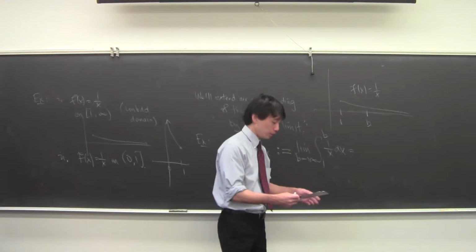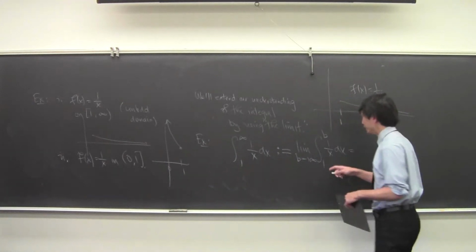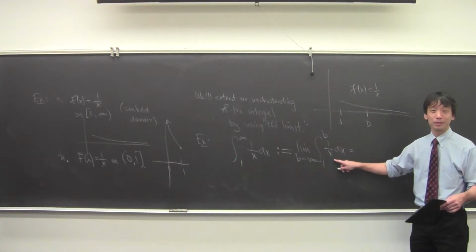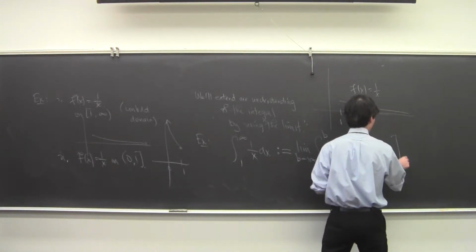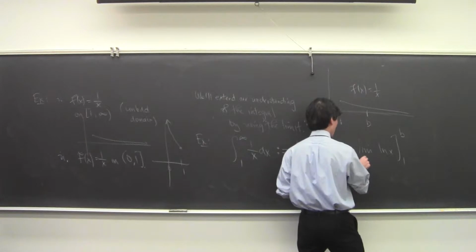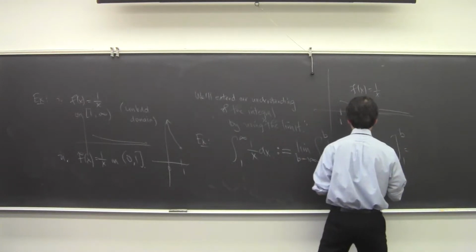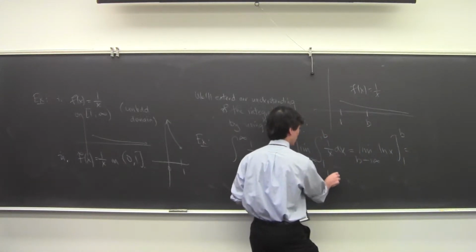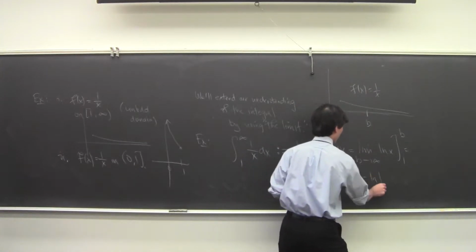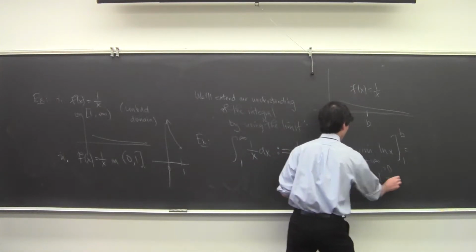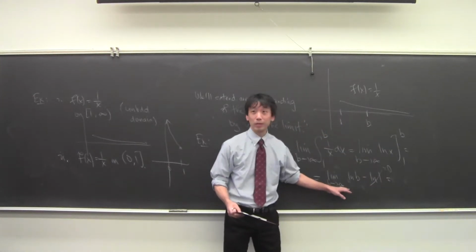Okay, so what happens? What's the integral from 1 to b of 1 over x? ln x, between 1 and b as b goes to infinity. So you get the limit as b goes to infinity of the natural log of b minus the natural log of 1, which is 0. So you get the limit as b goes to infinity of the natural log of b.